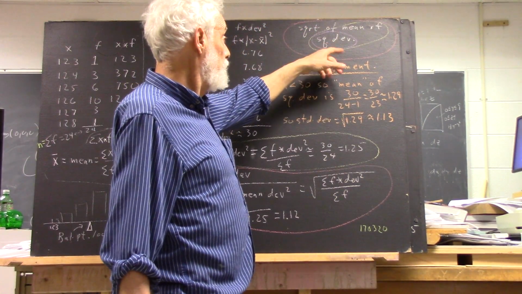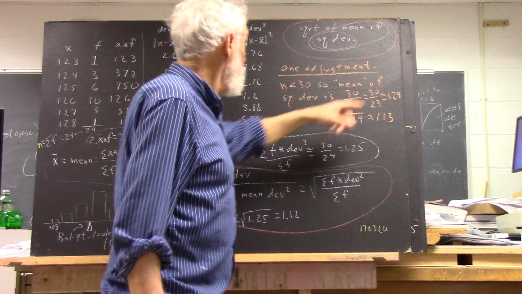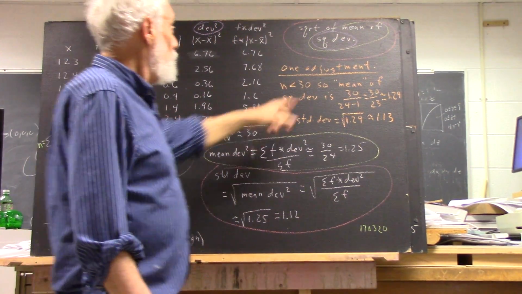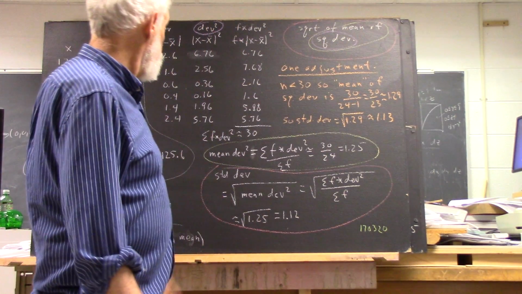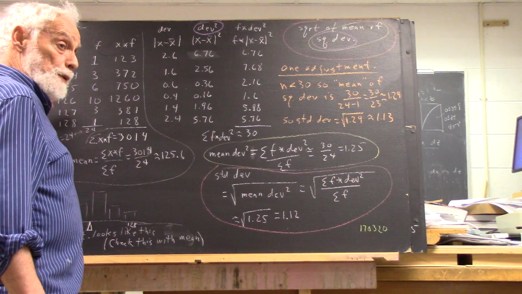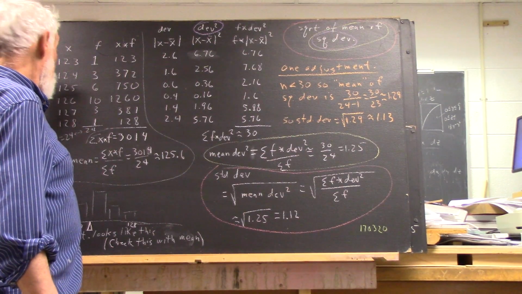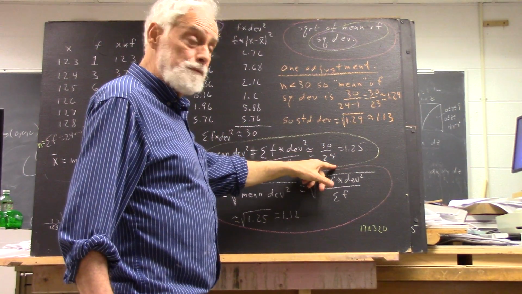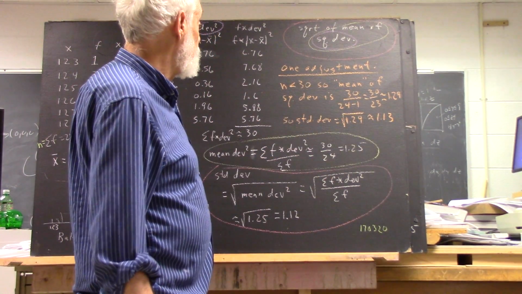So, what do we have to do? We first have to figure our deviations, which we did here. We square our deviations here. We want the mean of the squared deviations, so we'd better count every squared deviation once for every time that particular instance occurs. Then we add all those up and divide by how many people there are in this case.